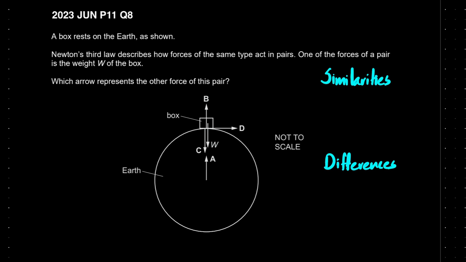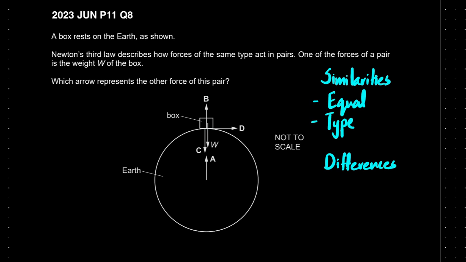So the similarities are that both of these are equal in magnitude, and also both of these are the same type of force. So if one of these is a frictional force, the other one is also a frictional force. If one of these is a reaction force, the other one is also a reaction force, right? And similarly, if one of these is a weight, the other one is in some way also a weight.